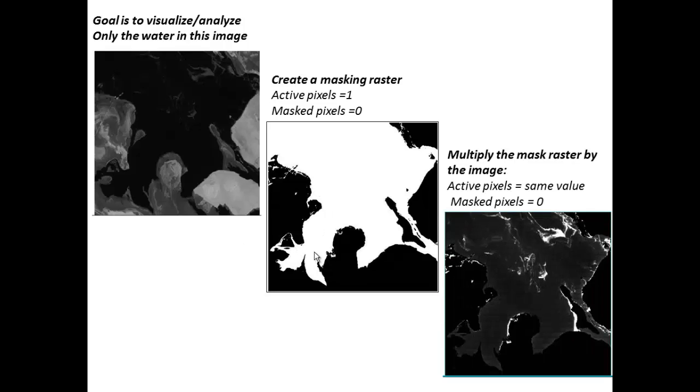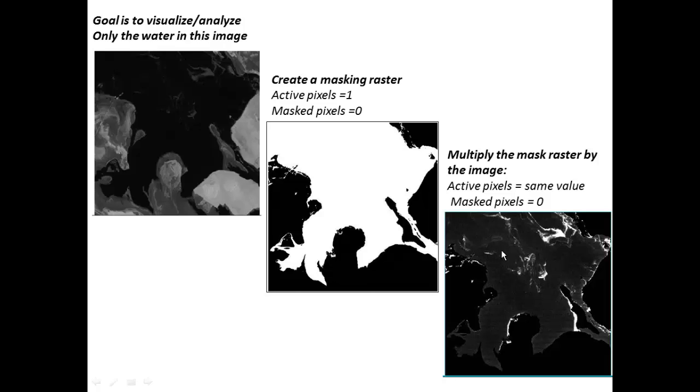It's important because the next step is actually to multiply the mask raster by the image, using either band math in ENVI or using raster calculator in ArcGIS. So when we multiply the pixel values in the original image by the pixel values in the mask, we get this result.